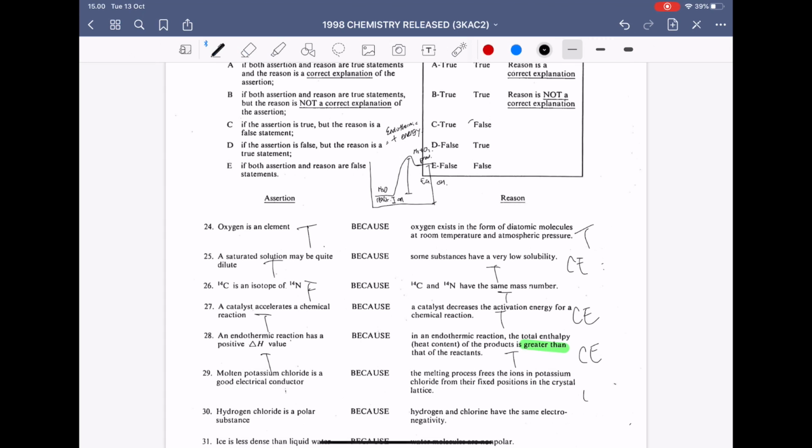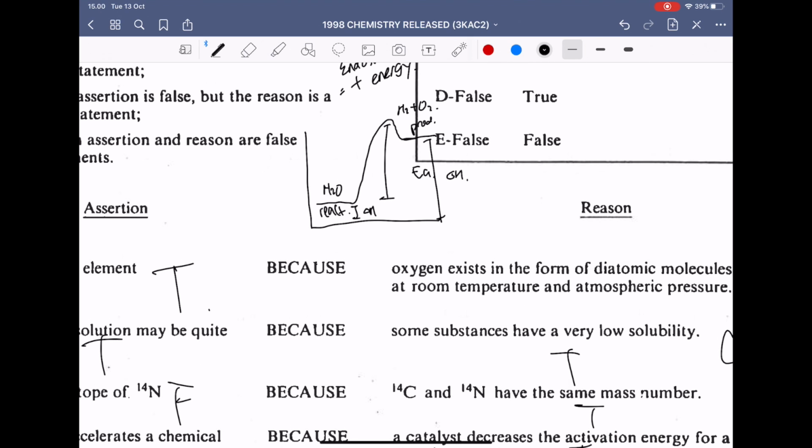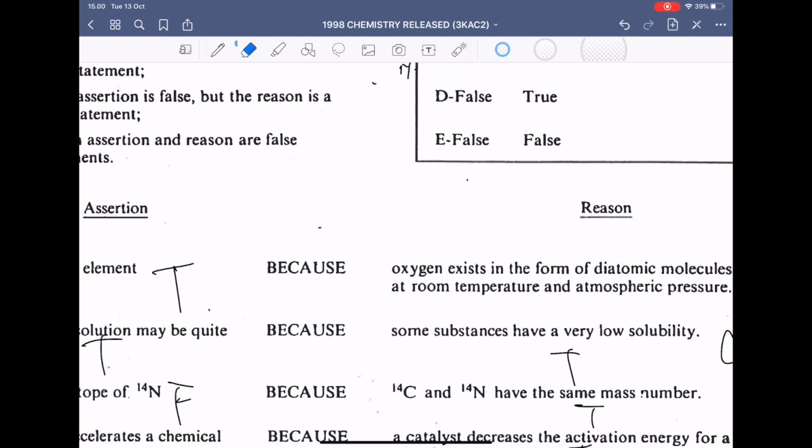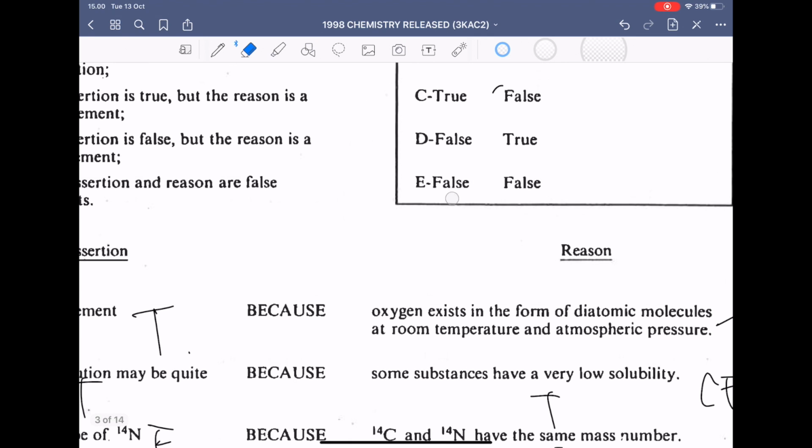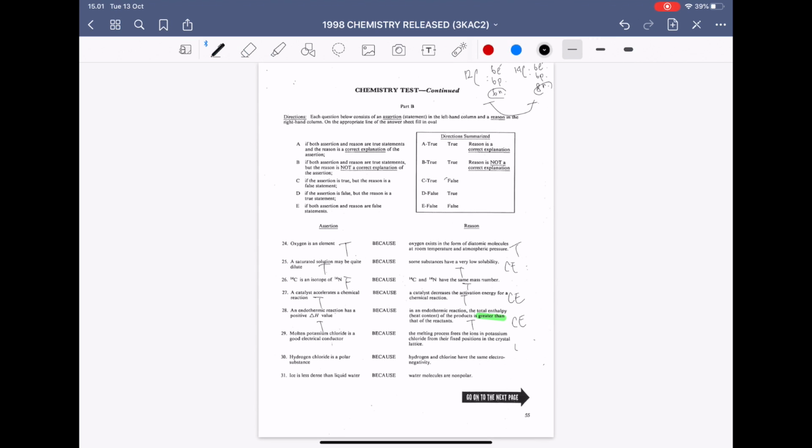So that's true for number 28. And in an endothermic reaction, the total enthalpy of the product is greater, and as I explained before, because the product is placed higher, it has more enthalpy, more heat energy than the reactants. So that also should be true, and it's a cause and effect.